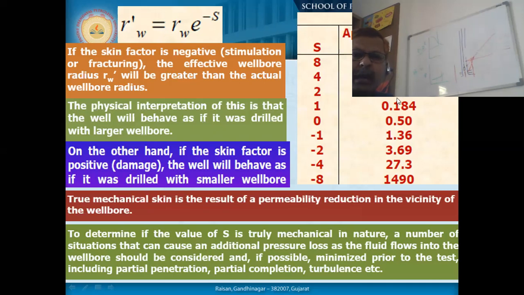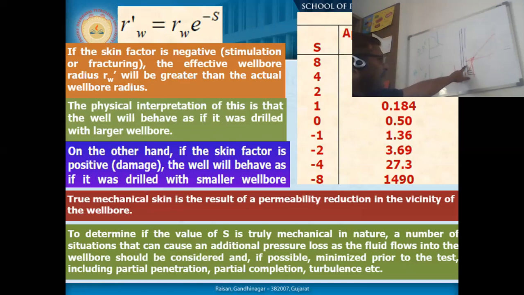Apparently, when you have positive skin, you see skin, negative skin. Negative skin means your area has been enlarged. Your wellbore radius has been enlarged in case of negative skin. But when you have positive skin, it appears your wellbore radius is infinitely small. So if the skin factor is negative, the effective wellbore radius will be greater than the actual. Why is it so? Because we should expect a certain pressure in the wellbore, but we are getting more pressure.